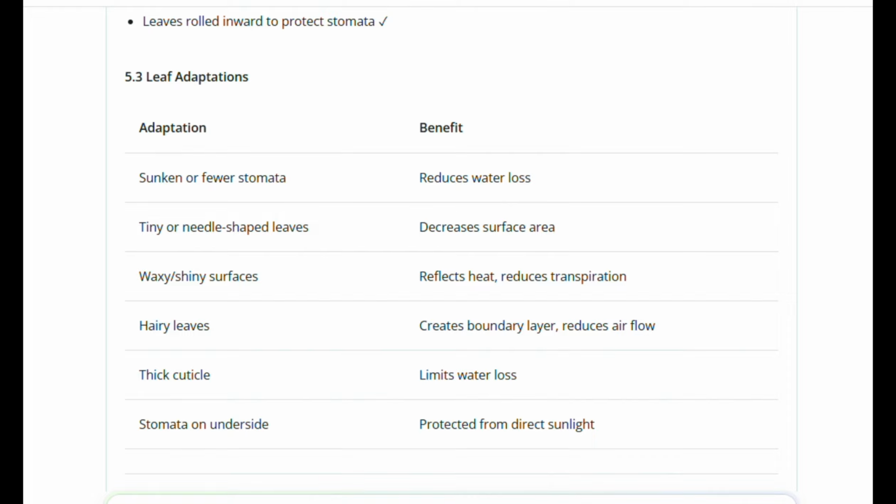Hairy leaves: some plants have those tiny hair-like structures, so they create a boundary layer that reduces the airflow. Some plants have leaves with a thick cuticle, and that thick cuticle limits water loss.